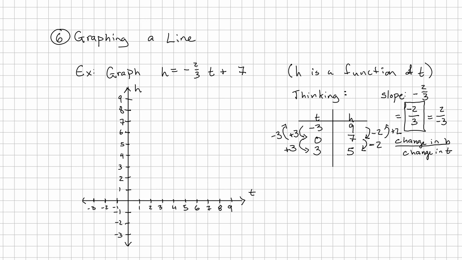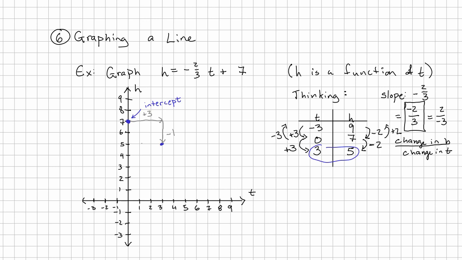What are we going to actually draw on this graph? Well, we'll start with the intercept. That's going to be the point on our vertical axis. And now we have a choice. We can either use the point in our table, 3, 5, or we can use our slope, which says we go right 3, down 2.